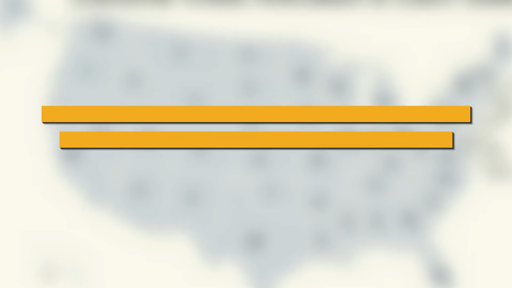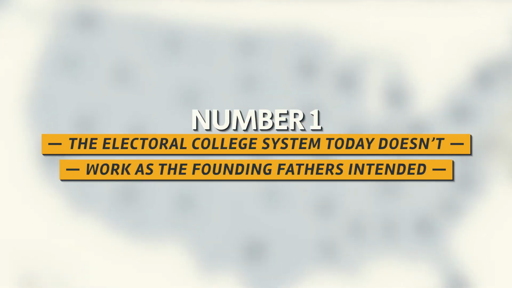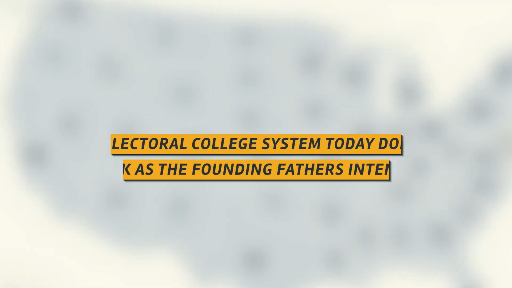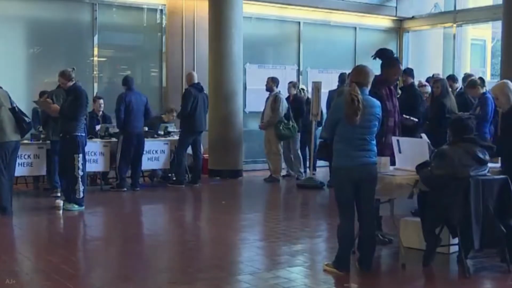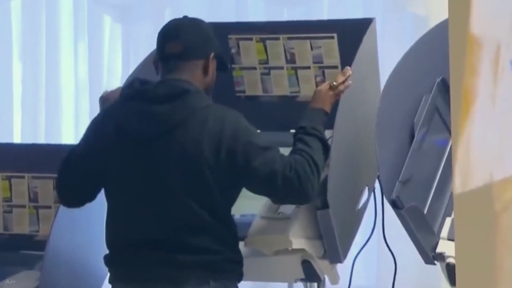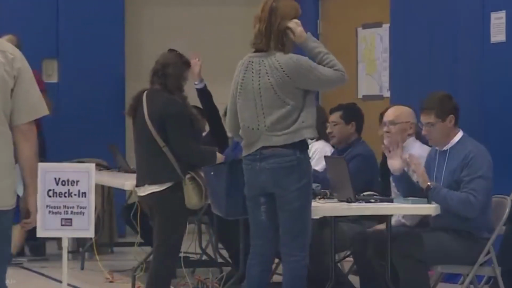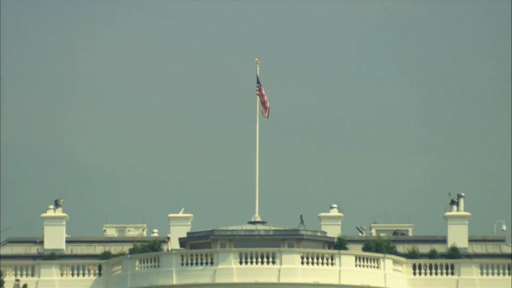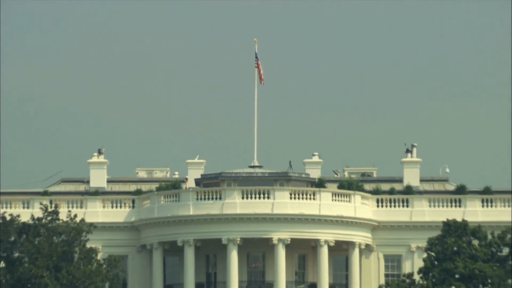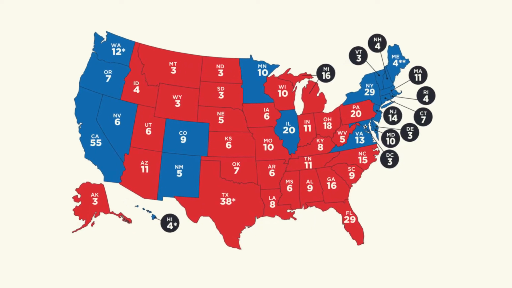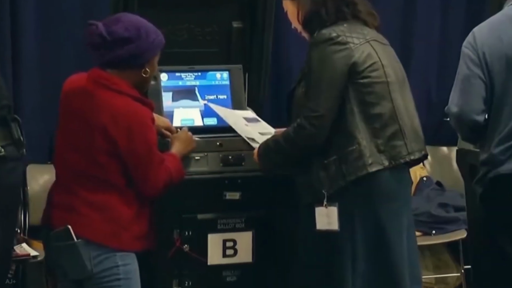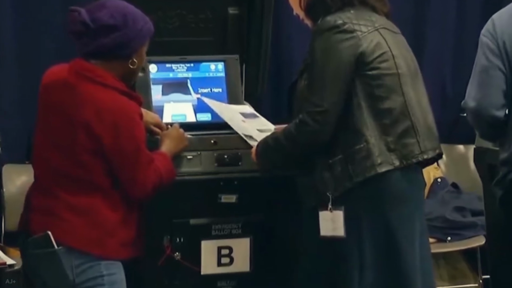Number 1. The Electoral College system today doesn't work as the Founding Fathers intended. Remember we mentioned that the intention of this system is to avoid electing a president based on people's emotions and passions. They thought people's emotions would place a less qualified yet populist president in charge of the White House. But contrary to today, the original Electoral College wasn't chosen by the people, and each elector could vote however he or she thought best.